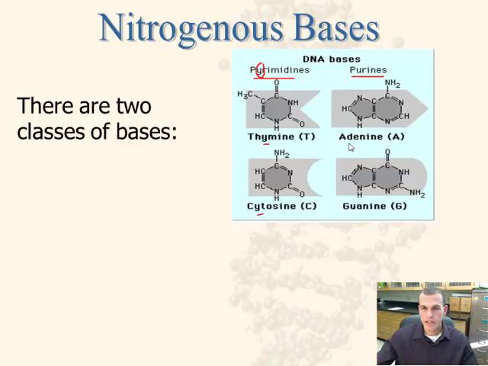And then your purines are adenine and guanine. So you have 4 nitrogen bases: adenine and guanine are your purines, and thymine and cytosine are your pyrimidines. These basically help put your double-stranded DNA together.